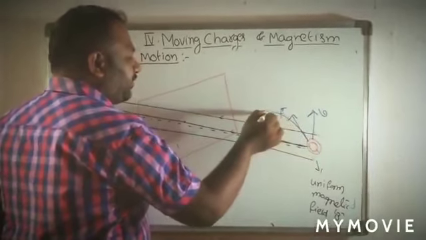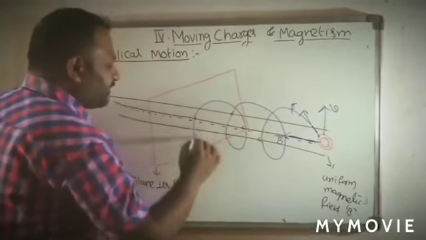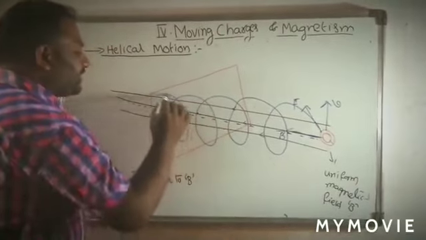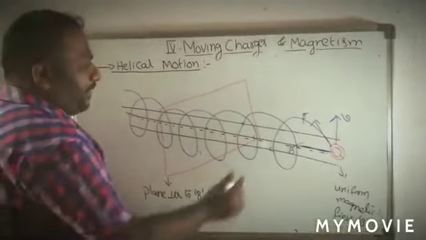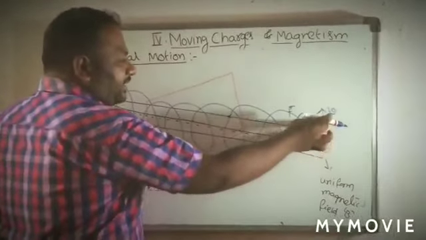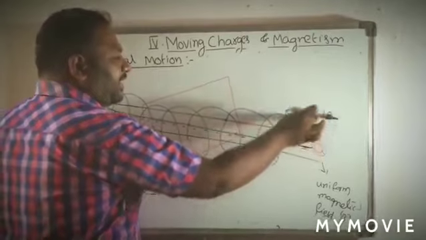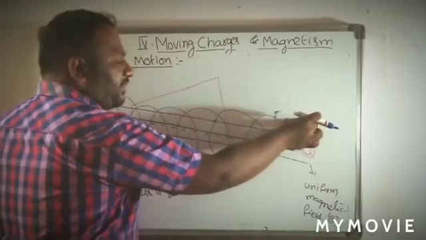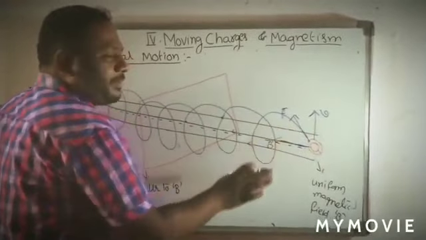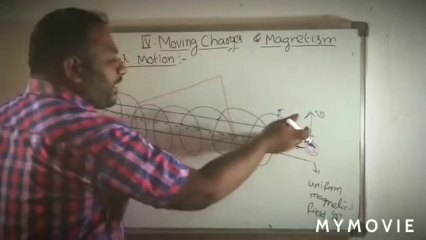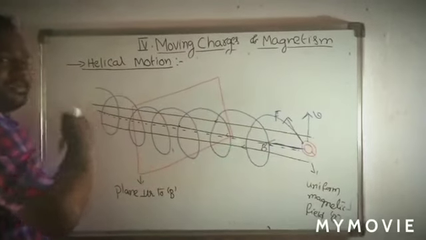Whenever the force is acting, the charged particle is moving in this manner. This path is called a helical path. Whenever the force is acting on the charged particle, two components of velocity can be taken: one is the parallel component, another is the perpendicular component. Due to the parallel component, the charge moves along the path.